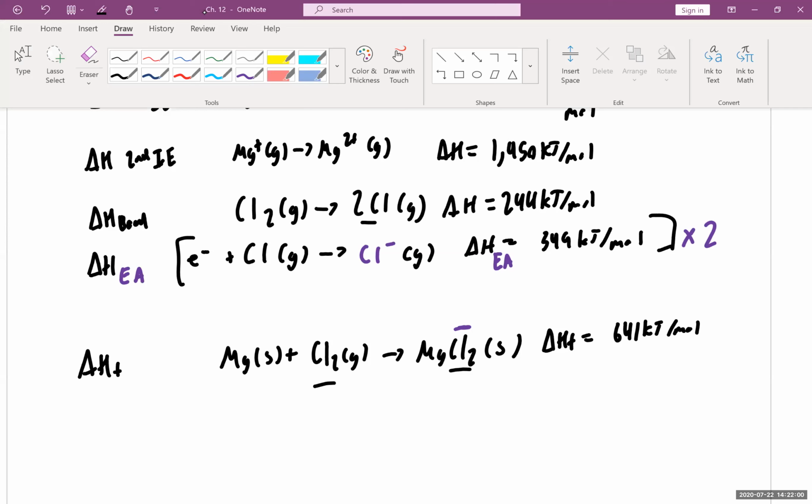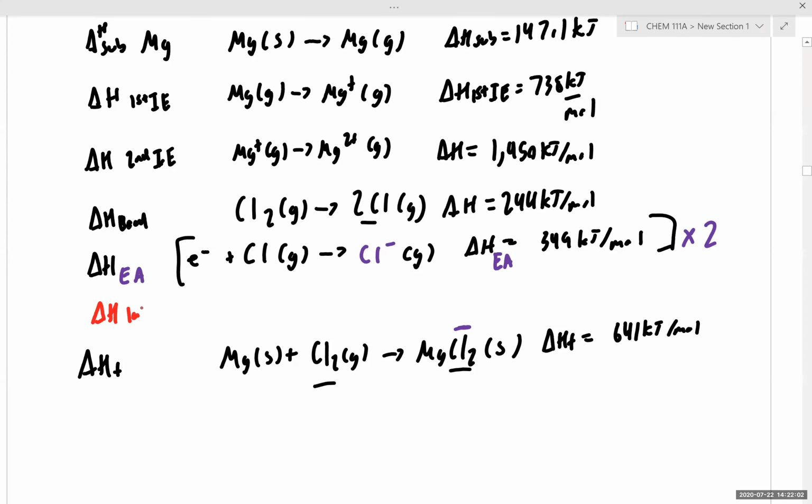Finally, our lattice enthalpy, so delta H for our lattice enthalpy is equal to magnesium 2 plus in the gas phase plus 2 chloride in the gas phase leads to magnesium chloride. This gives us the enthalpy of our lattice enthalpy.